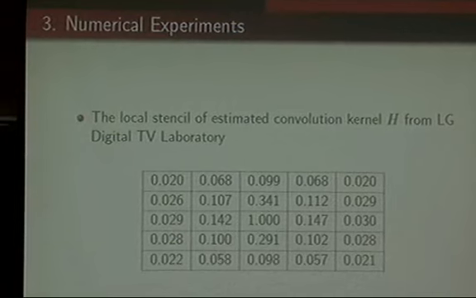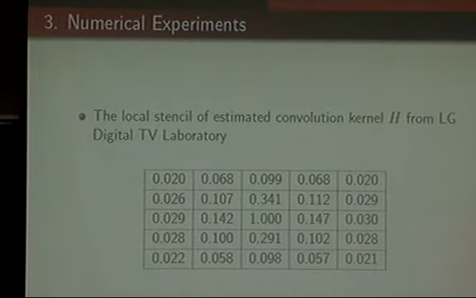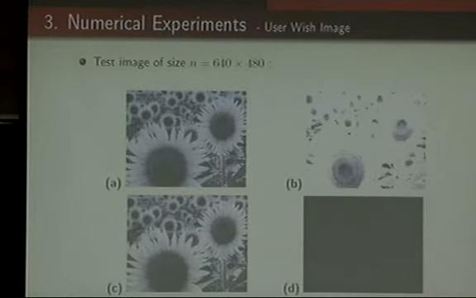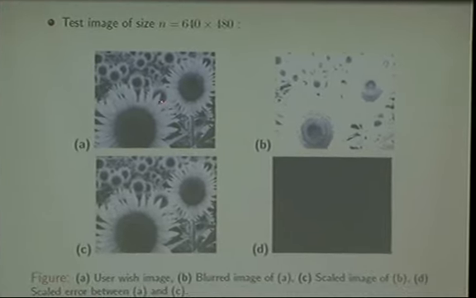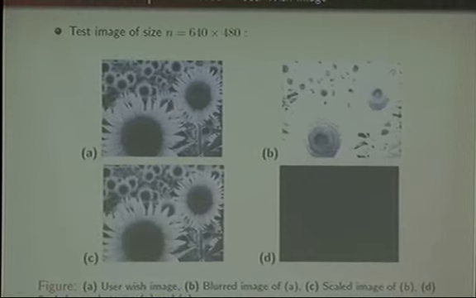So that comes from the experiment. We use that, and the test image is 640 multiplied by 480. This is the original, and this is the wish image. If you just turn on the backlight like that, then we obtain these images on the panels.